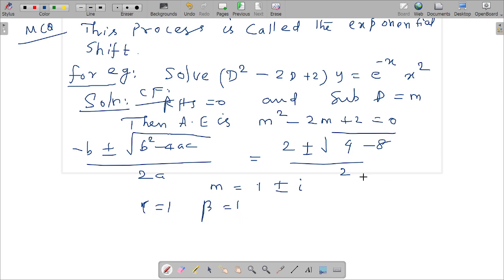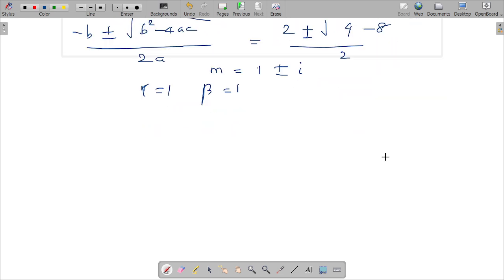Therefore, the complementary function is equal to e power x into c1 cos x plus c2 sin x.